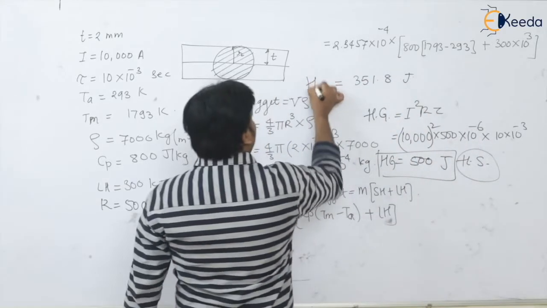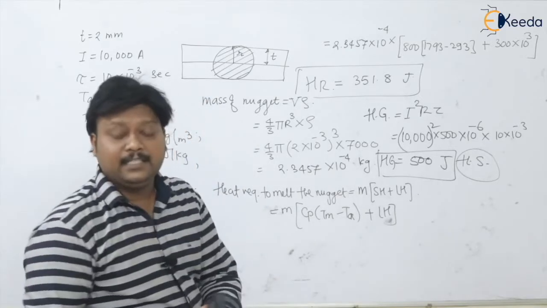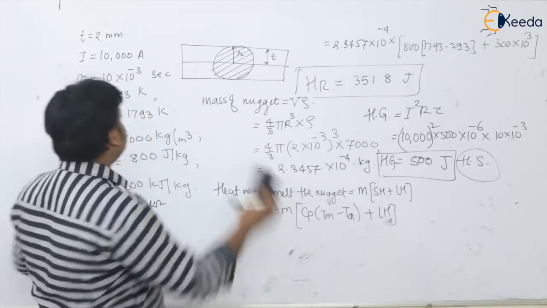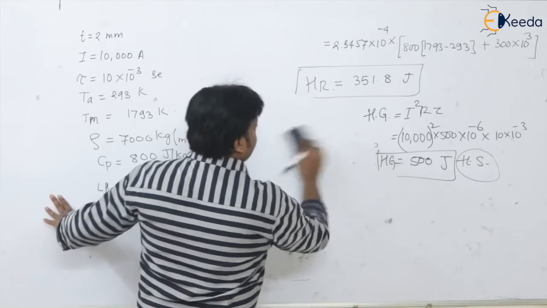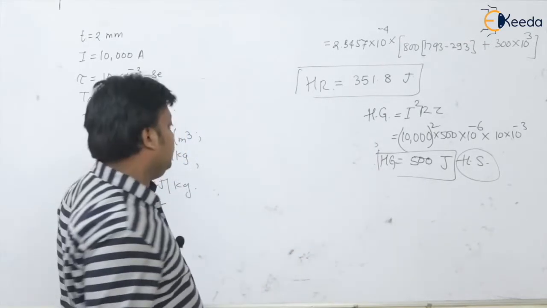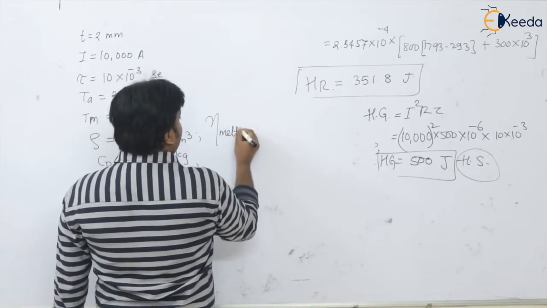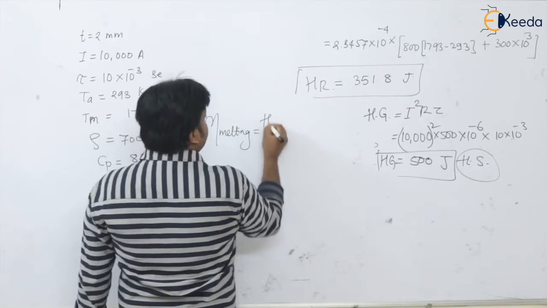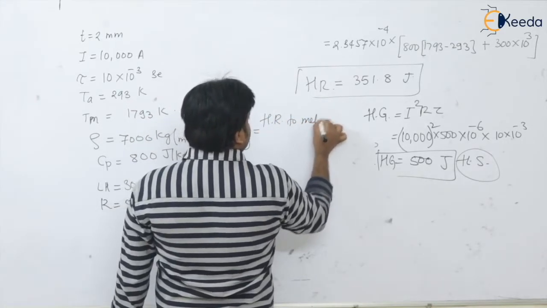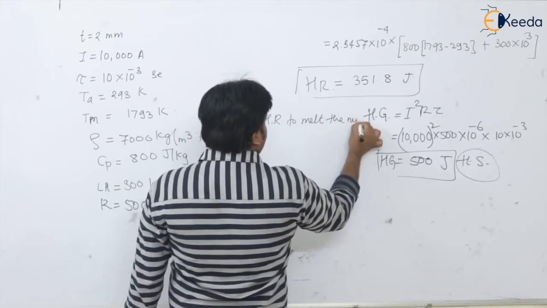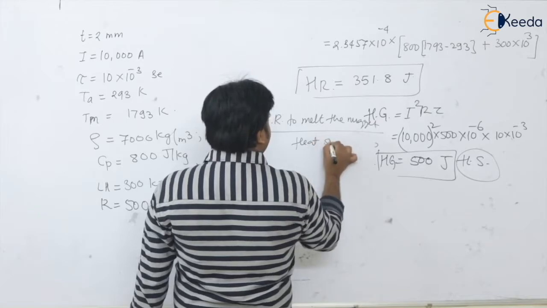And heat required to melt the nugget is 351.8 joules. They are asking the melting efficiency. How to calculate efficiency then? The efficiency of heat input or melting in spot welding is the heat required to melt the nugget divided by the heat supplied.